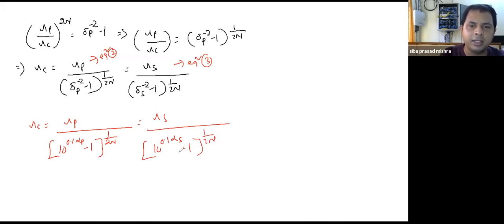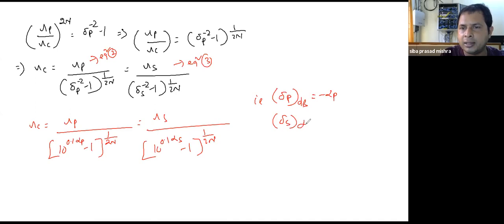This is if alpha p and alpha s are given in dB. That is, del p dB equals minus alpha p and del s dB equals minus alpha s.